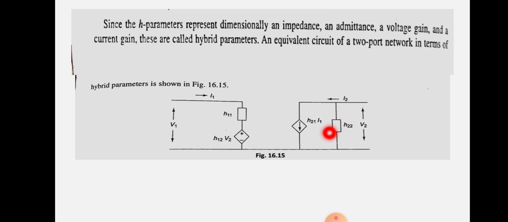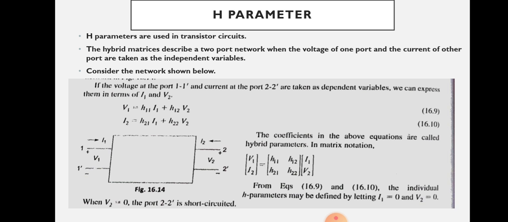Here is H22, and these terms are currents. There is a difference: current sources are added, which means they will be in parallel. In the previous case, we represented voltage sources in series, since they are added. In the case of the current equation, the individual terms are connected in parallel, and only then can we add those currents.